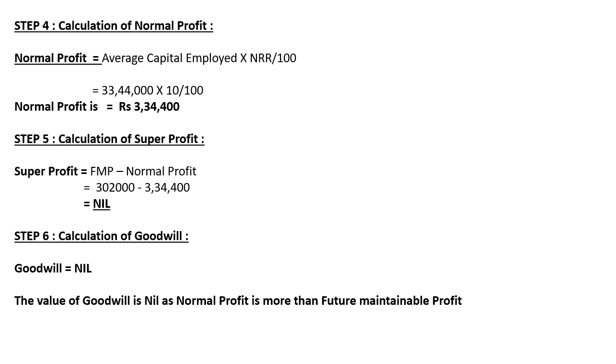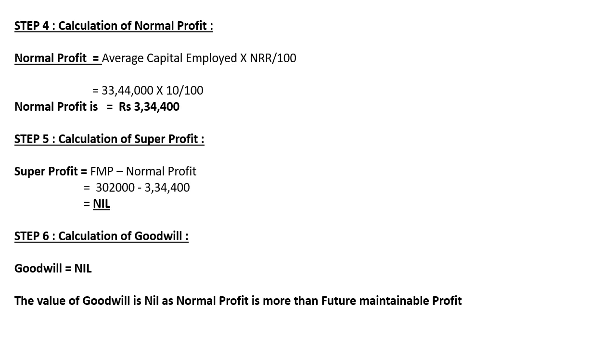In step number 3 you have calculated average capital employed, into NRR, which is 10 divided by 100. So 33 lakhs 44,000 into 10 divided by 100. So your normal profit will be 3 lakh 34,000. Sorry, 3 lakh 34,400. Okay, 3 lakh 34,400 is your normal profit.